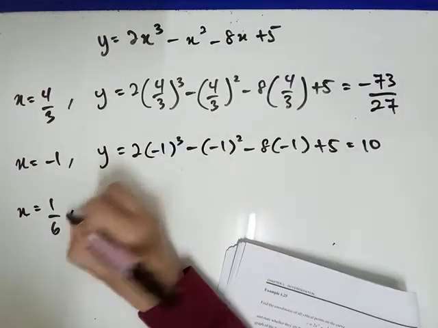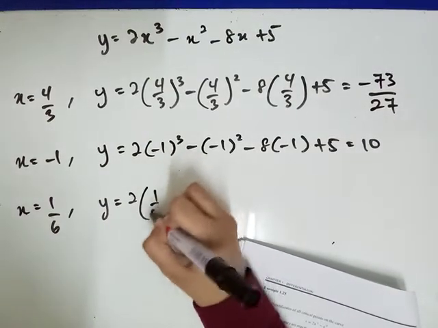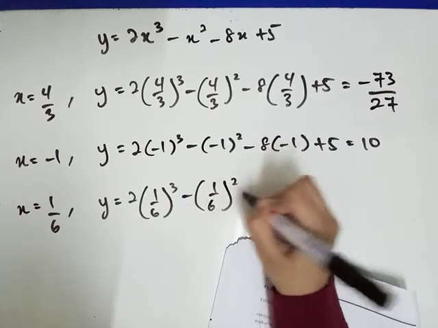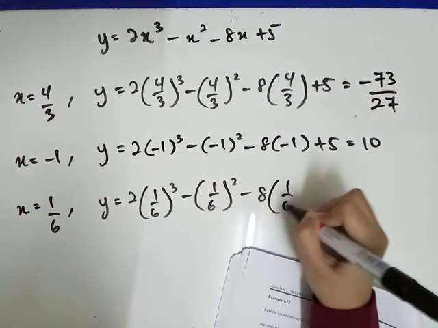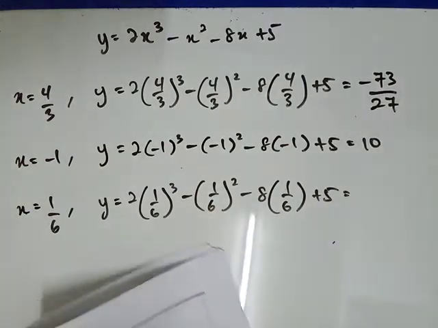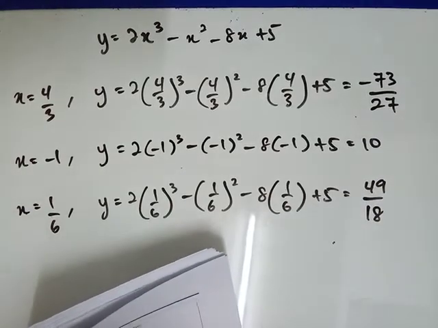And then the last one, for the inflection point, y equals to 2 times 1 over 6 cubed minus 1 over 6 squared minus 8 times 1 over 6 plus 5. You will get the inflection point is 49 over 18.